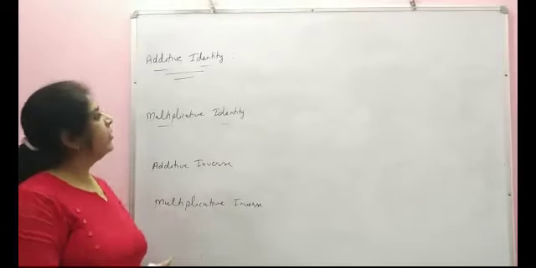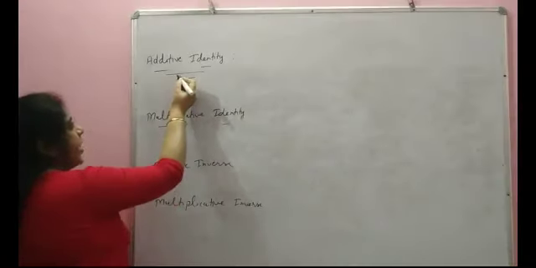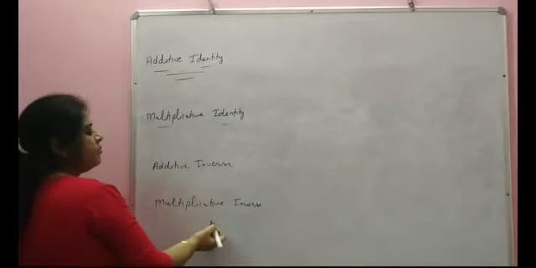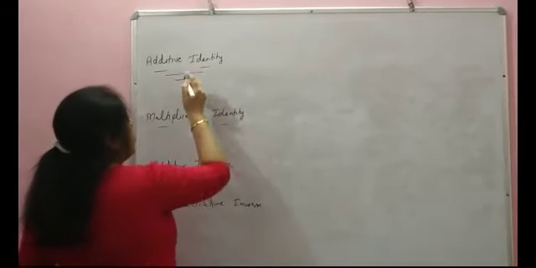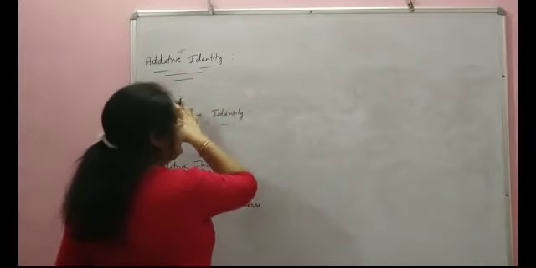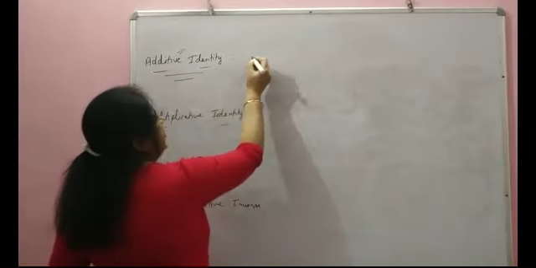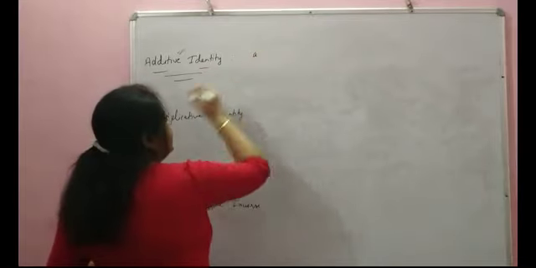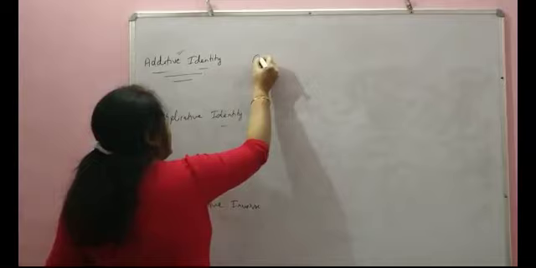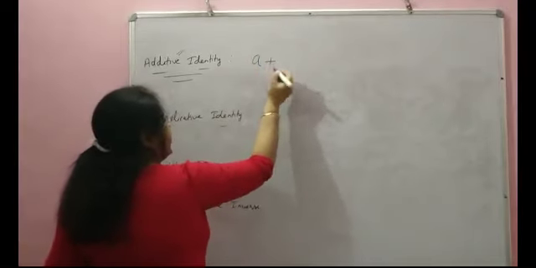Now we will discuss additive identity, multiplicative identity, additive inverse and multiplicative inverse. What is the meaning of additive identity? What should be added to any rational number? Just suppose A is a rational number. What should be added to A to get the same number?